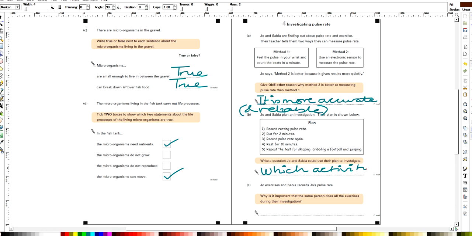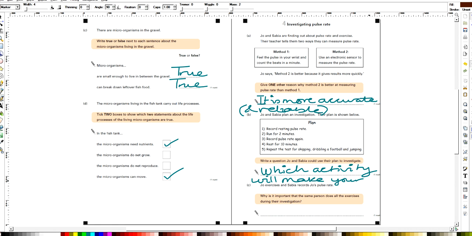I've got to write big, folks, but you have to write it and fit it on. Which activity will make your pulse rate increase the most?